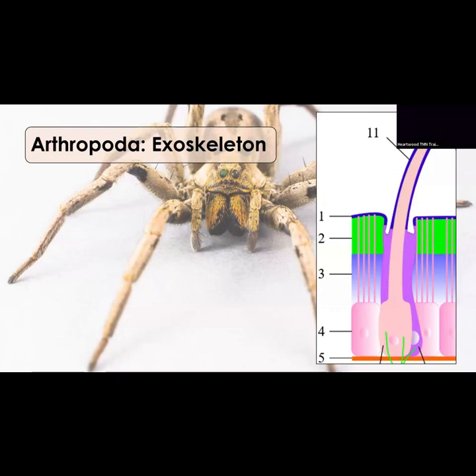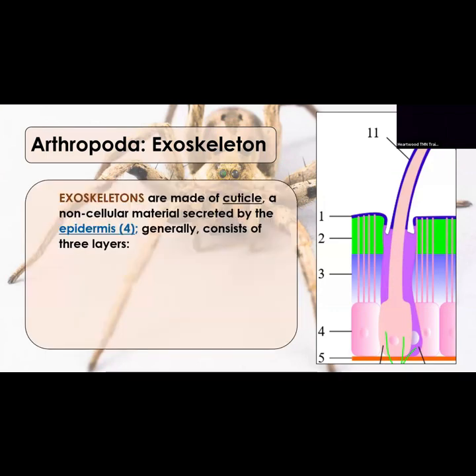This is a general cross-section of a cuticle on any arthropod, insects included. All of this cuticle is secreted by the epidermis, which is layer four right down here.